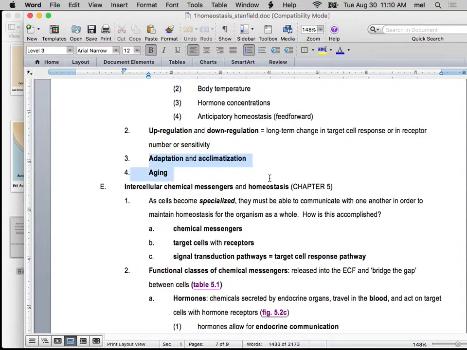The next thing, let's just talk about aging very, very quickly. What is happening with aging and how is it related to this whole negative feedback? As you start to get older, your homeostatic control mechanisms are just not quite as sensitive and as fast to respond.